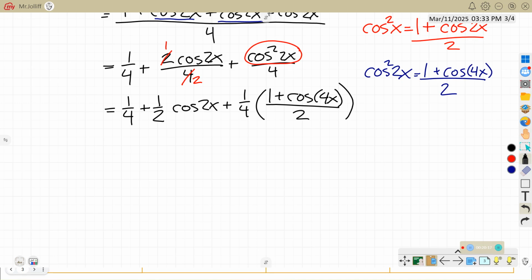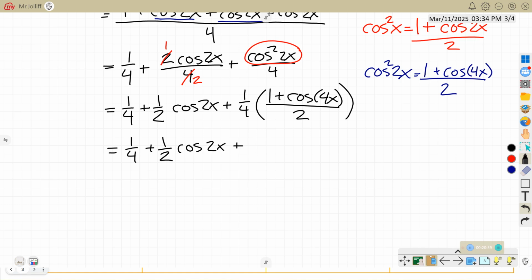That was the second piece of trig. We had to do a second substitution to get rid of the exponents. Now it's just making our answer pretty. Yay. Mathematicians like pretty. So 1/4 doesn't change. 1/2 cos 2x doesn't change.